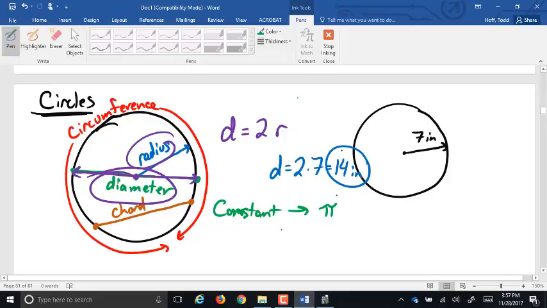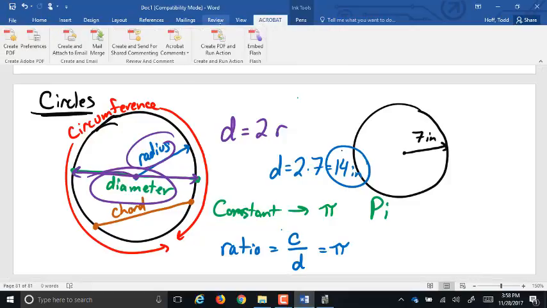That's its symbol, the Greek letter pi, sometimes written out as pi, capital Pi. Pi is defined to be the ratio between the circumference and the diameter. So it's C for circumference divided by d for diameter. That equals pi.